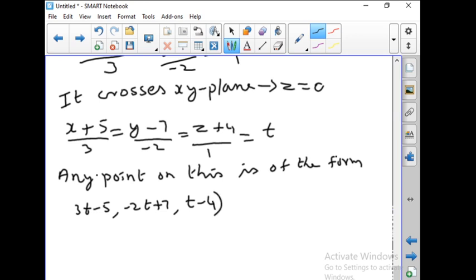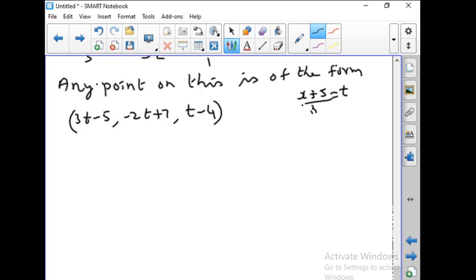So how do you get this? (x plus 5) by 3 is equal to t. So x plus 5 is equal to 3t. So x is 3t minus 5.